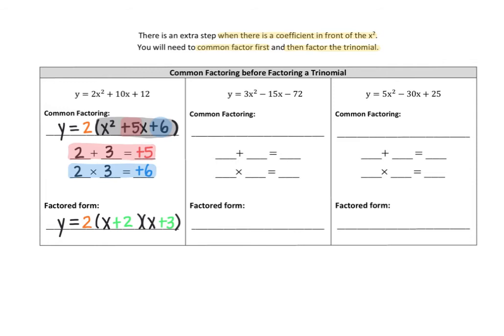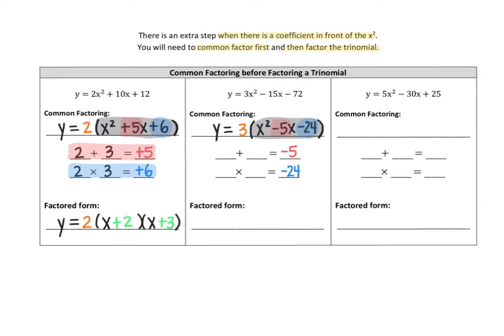In our second example, we can factor a 3 from each of the terms. So we'll put the 3 outside the brackets, and left inside the brackets will be x squared minus 5x minus 24. Now we can factor what's inside the brackets. We will need two numbers that multiply to give us -24 and add to give us -5.